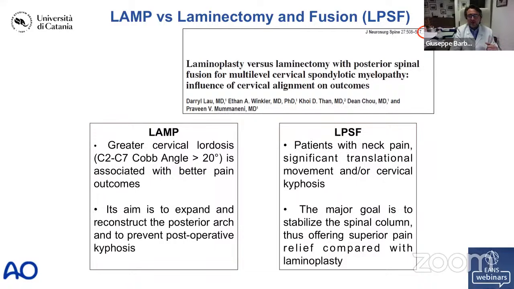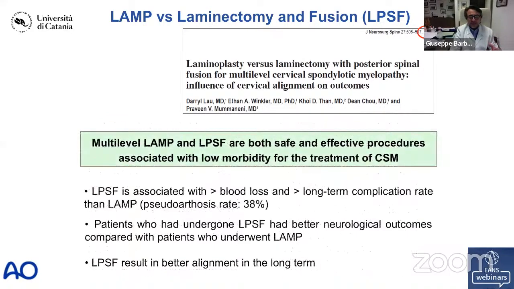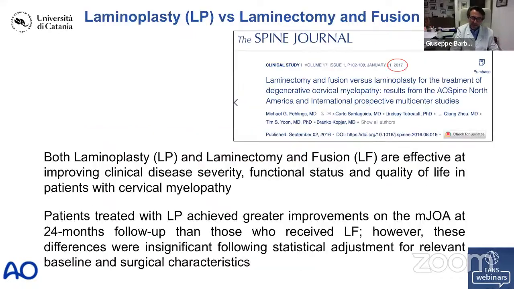A few years ago, it was published, and the results were that multi-level laminoplasty and laminectomy and posterior fusion are both safe techniques and both are effective as procedures, and they are associated with low morbidity for our patients. And most likely patients, as Mark said, who underwent laminectomy and posterior fixation had better neurological outcomes compared with those patients who had only laminectomies or laminoplasty.